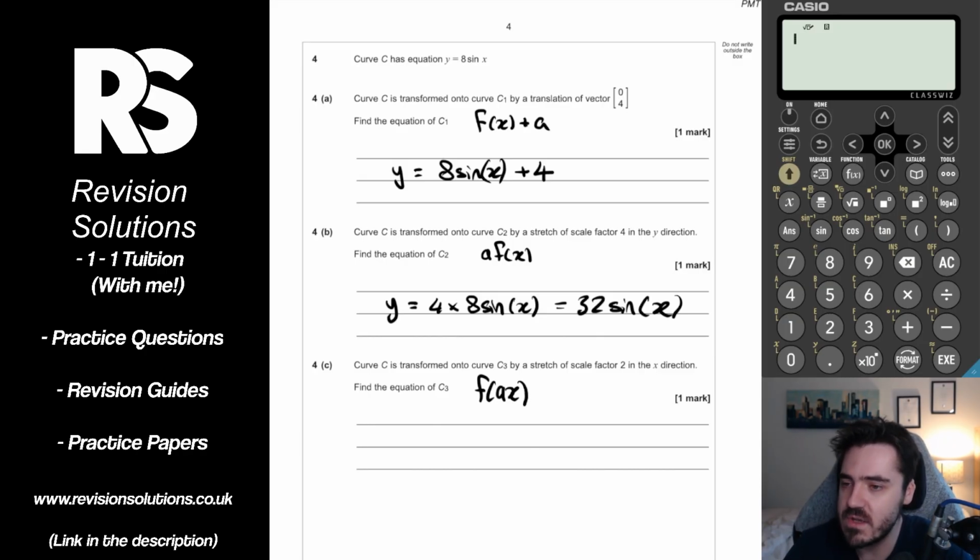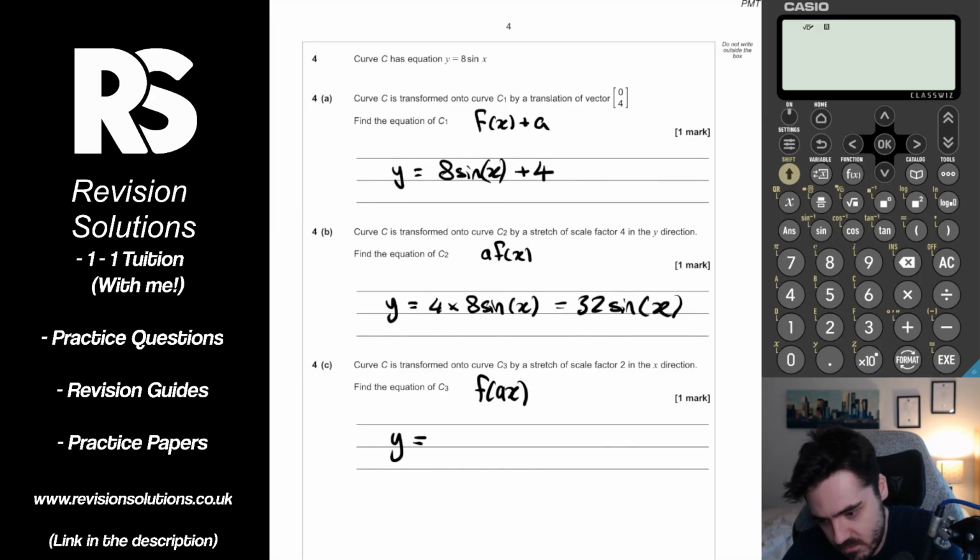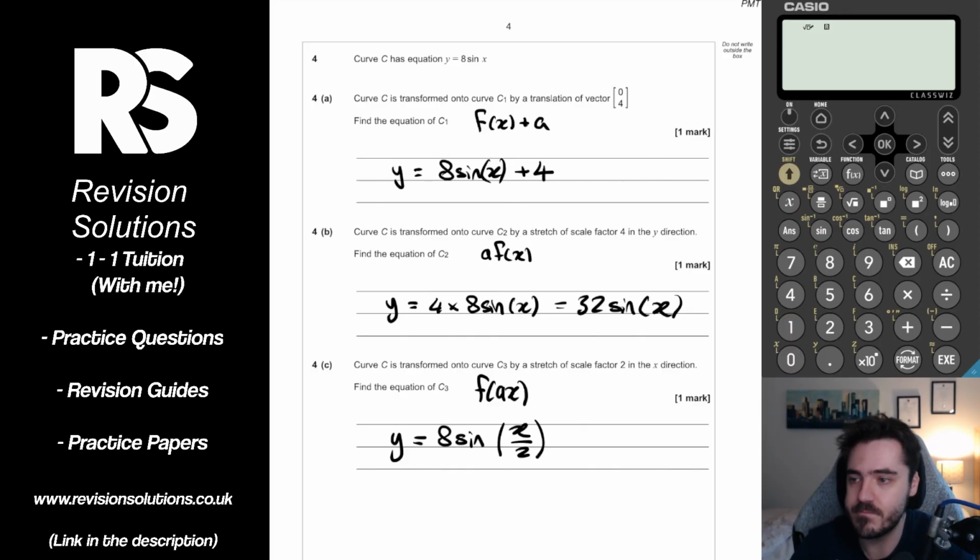But they actually do the inverse of whatever number's there. So if I want to stretch by factor 2, that means I actually need to divide by 2 on the x. So it would be f of x over 2, what I want. So that means I would have y equals 8 sine of x over 2.